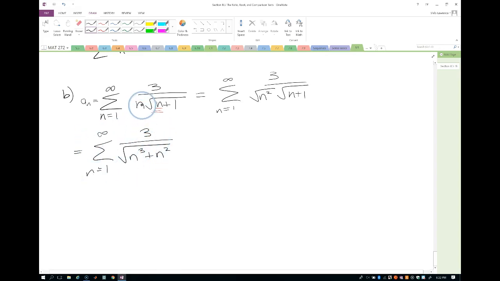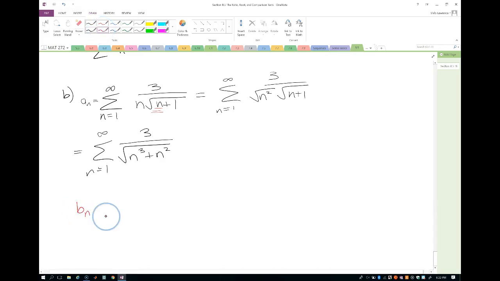This series is identical to the first series. We just did a little bit of algebra rewriting to make the entire denominator look like one cohesive unit rather than two individual expressions. So this is hopefully going to help us figure out what to compare it to.